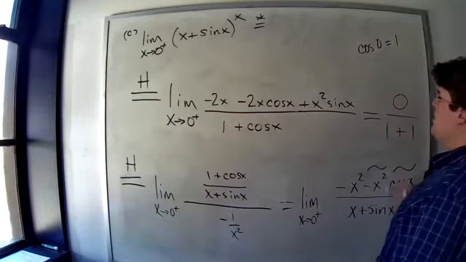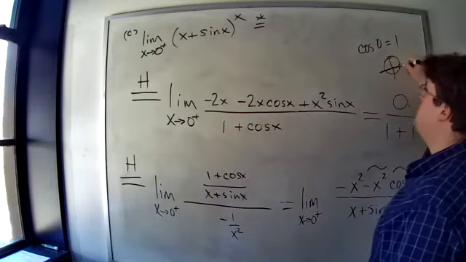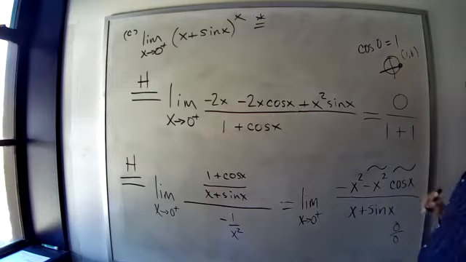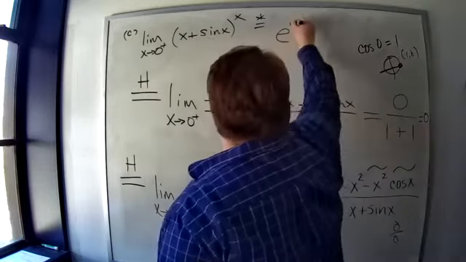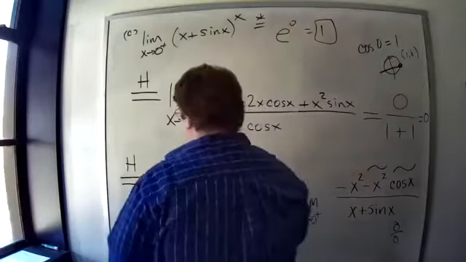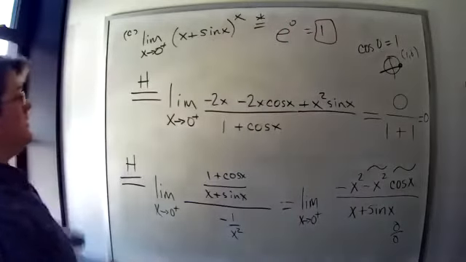Cosine of 0 equals 1, because that point is 1, 0. So on the bottom, you get 1 plus 1. 0 over 2 is 0. So the side work limit was 0. The overall limit is then e to the 0, which is 1.